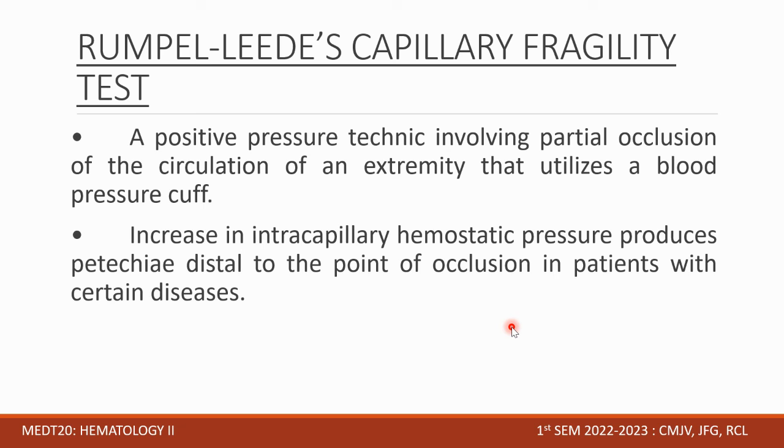Vitamin C helps in the production of collagen. Okay, so if you are deficient in vitamin C, the production of your collagen is not good. Collagen is needed for the integrity of your blood vessel. So if you are lacking in vitamin C, it also affects the function of your blood vessels. So something like that. Okay?